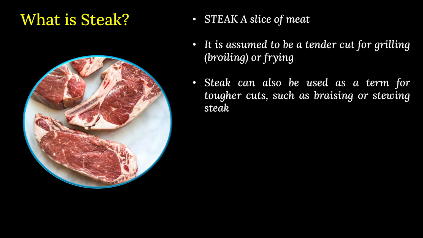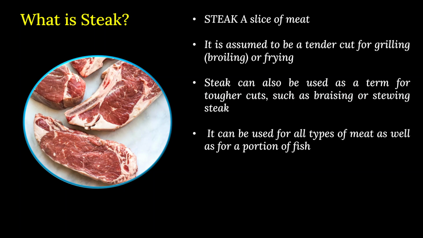Slow cooking means it is ideal for tougher joints to be cooked nicely through these methods, that is braising or stewing. So steak means a slice of meat, normally a tender cut, used for grilling, broiling or frying, and we can also use tougher cuts of the meat. Remember, I am using the word meat, not the word beef, and normally the method adopted for the tougher cut is braising or stewing. Okay, is that clear?